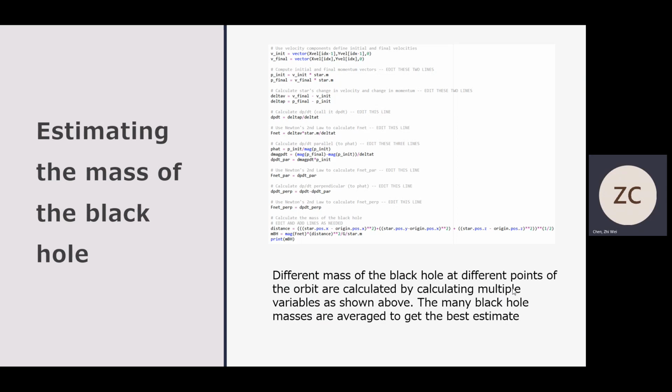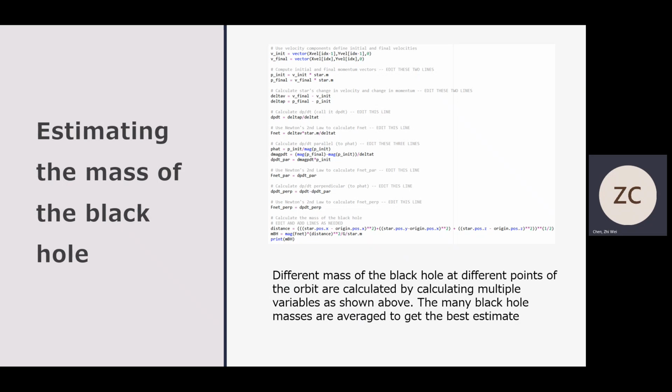So for part 1 of the project, we estimated the mass of the black hole. You can see from my GlowScript here, which I will also link to the video in the description, that different masses of the black hole at different points of the orbit are calculated by calculating multiple variables as shown above.